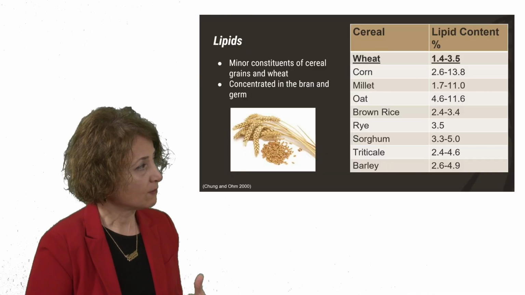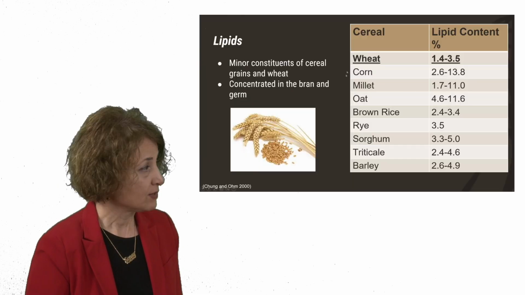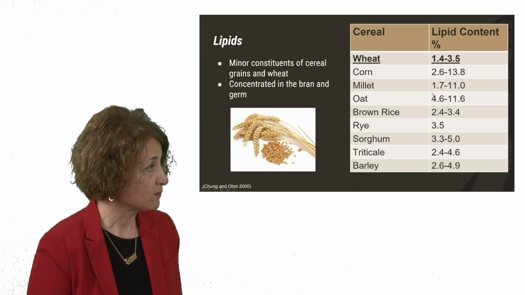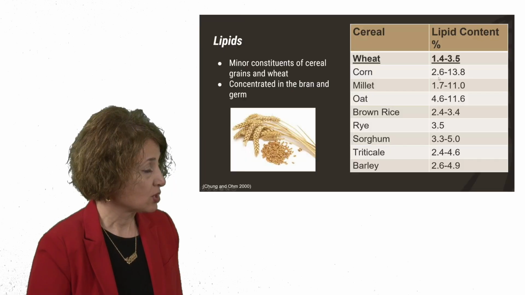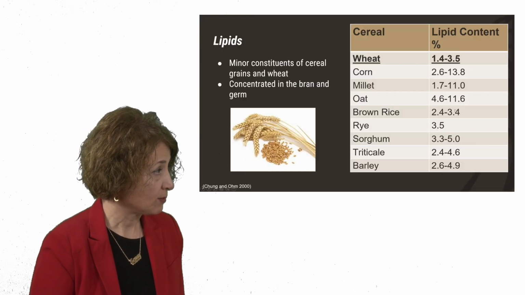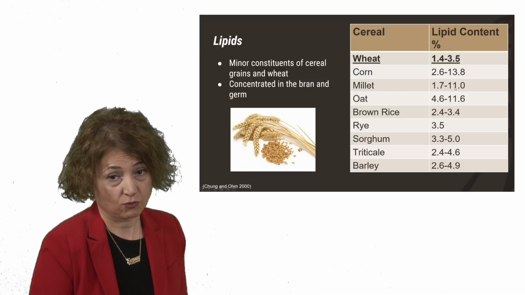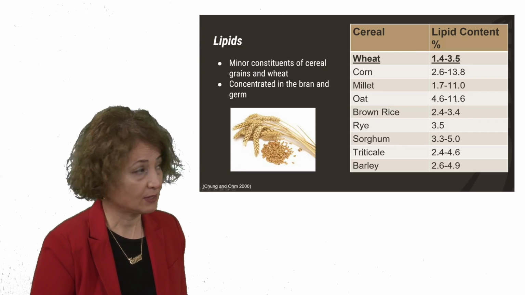There is a variation in how much lipid we have in different cereals, and this table shows the minimum and highest ratios. Wheat lipids range from 1.4 to 3.5%, but for some other grains it can be up to 13.8% for corn, and in oat it could be 11.6%.